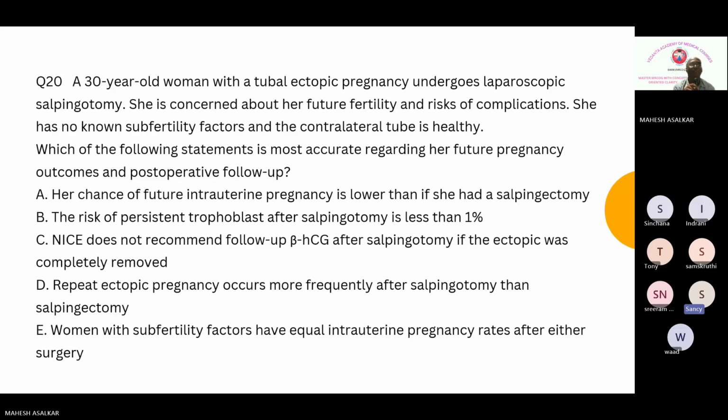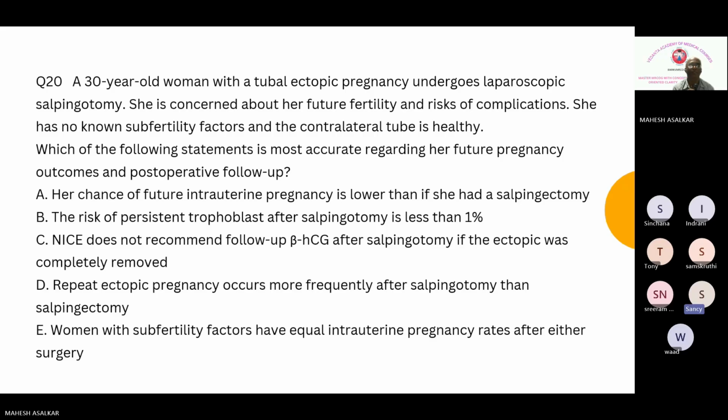The risk of persistent trophoblast after salpingotomy is less than 1%. NICE guideline does not recommend follow-up beta HCG after salpingotomy if the ectopic was completely removed. Repeat ectopic pregnancy occurs more frequently after salpingotomy than salpingectomy. Women with subfertility factors have equal intrauterine pregnancy rates after either surgery.